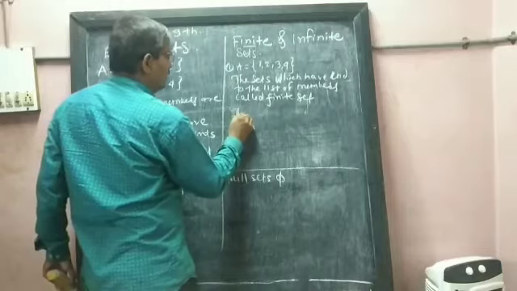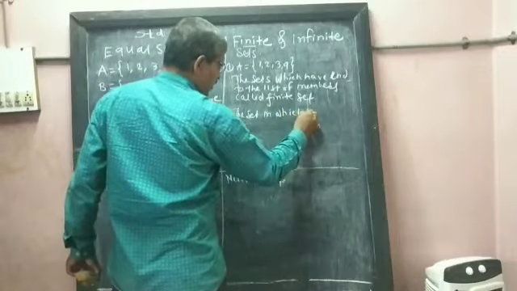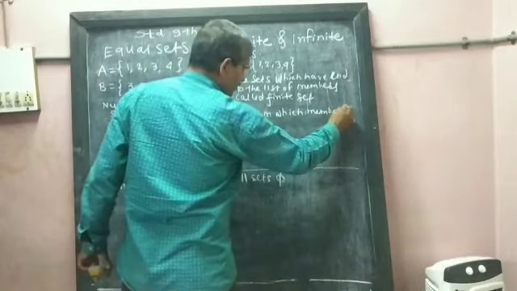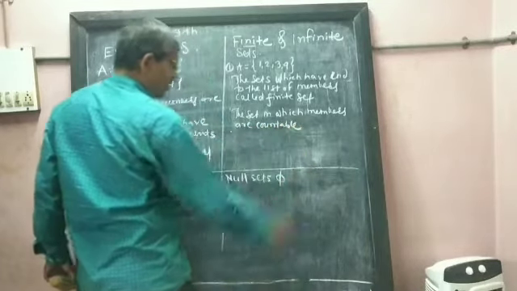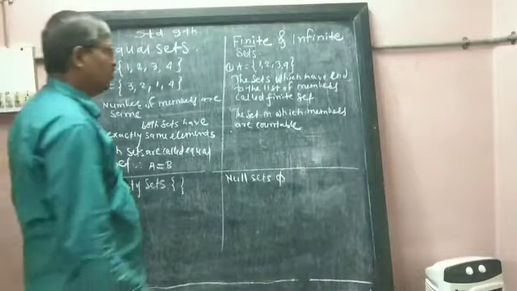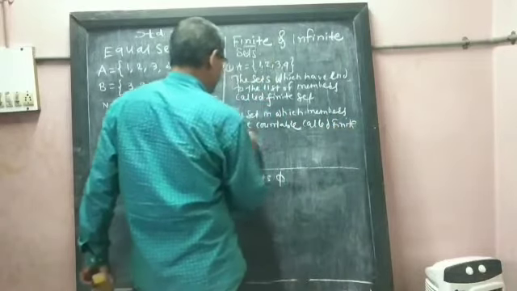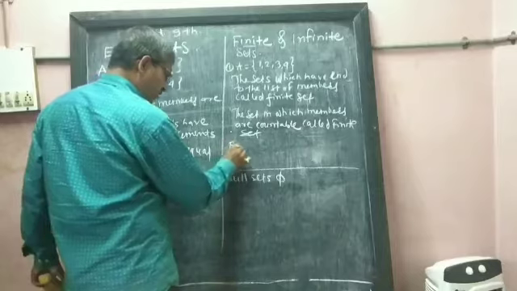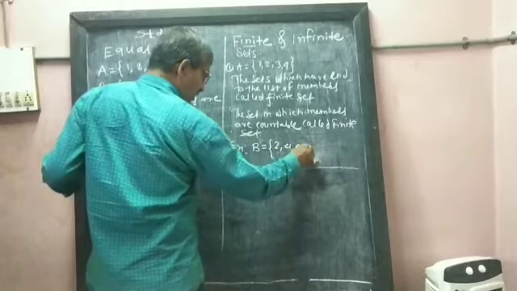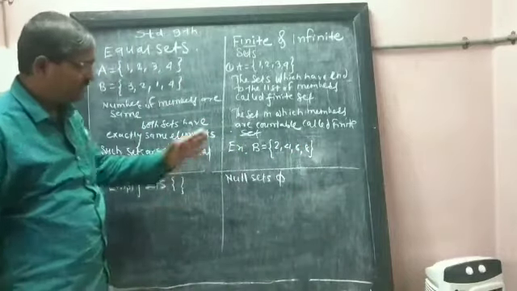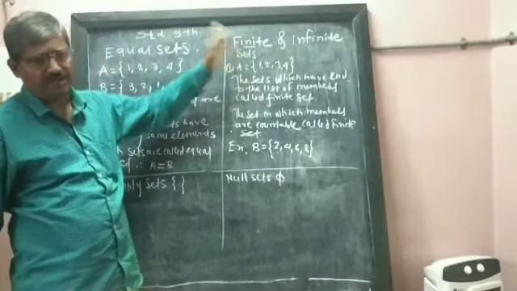The set in which members are countable is called a finite set. Example, again we can take one more example, that B is a set containing 2, 4, 6, 8. Finish. Means here there is an end to the list of the members. Such sets are called finite sets.